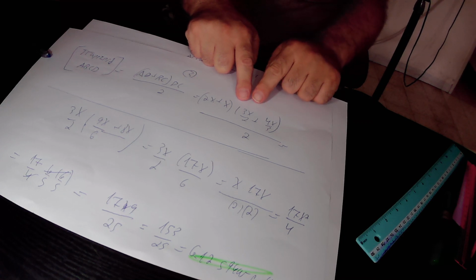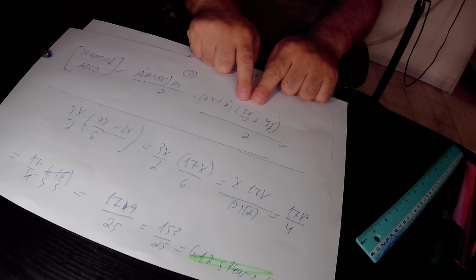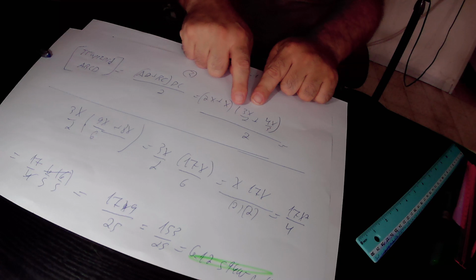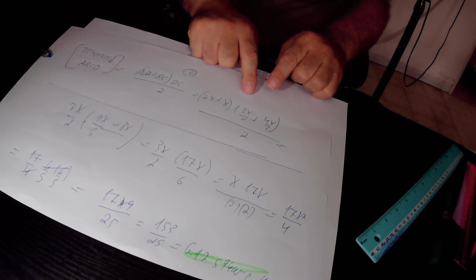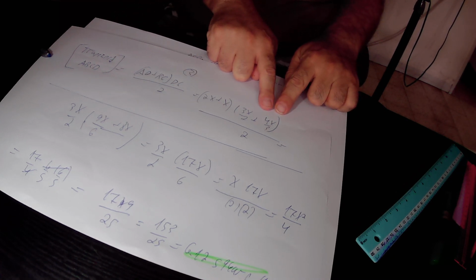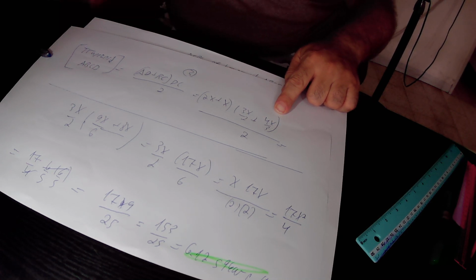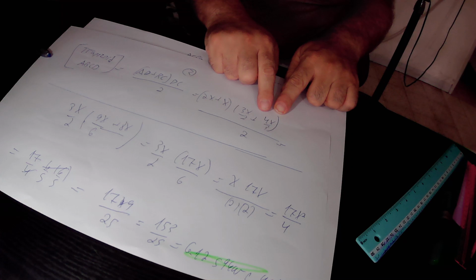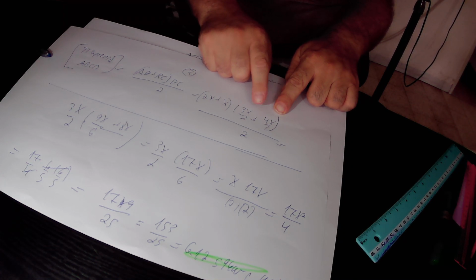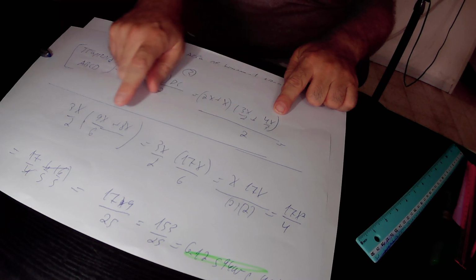That is, we multiply this expression by 3 and divide by 3: 3x times 3 is 9x and 2 times 3 is 6. Likewise, we multiply this expression by 2 and divide by 2: 4x times 2 is 8x, and 3 times 2 is 6.